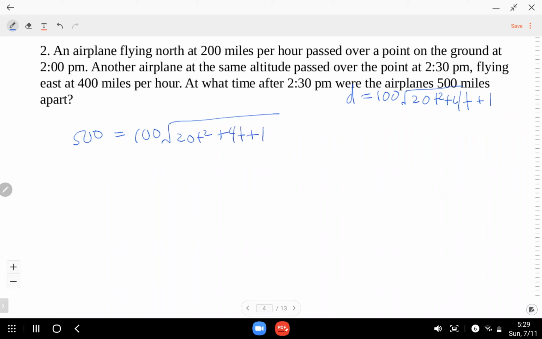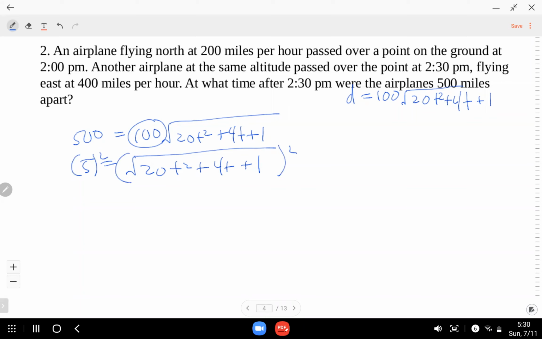Now divide both sides by 100 to simplify. So 5 equals the square root of 20t squared plus 4t plus 1. Because we have a square root here, we need to square both sides. So square both sides.